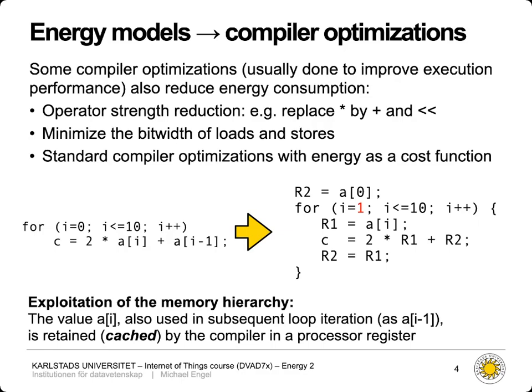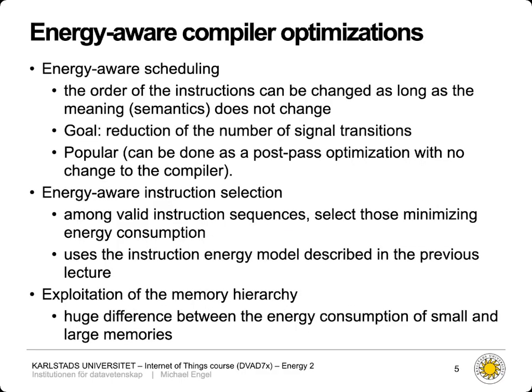And of course, you can imagine we're not doing a compiler's course here, but there are thousands of different optimizations out there. So you can probably imagine there are other optimizations which might actually be useful for reducing the energy consumption of code. So other optimizations that can be used are, for example, energy-aware scheduling of instructions.